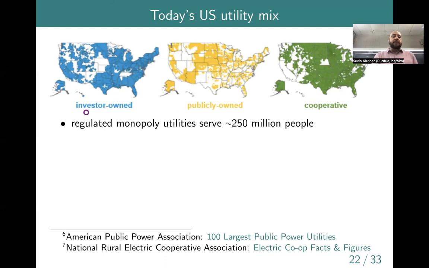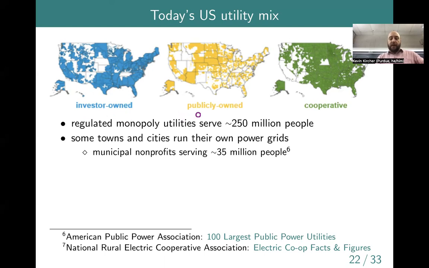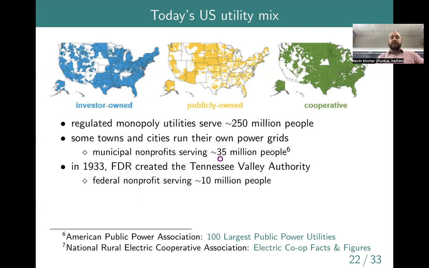But there are alternatives to these regulated monopoly utility models in the US. This is the mainstream model that serves about 75% of Americans. So this is a map of where investor-owned utilities are in the US. There are also some public utilities that take a couple of different forms. One is that a lot of those municipal utilities that formed in the early 1900s are still around, and they serve about 35 million people in the US, as towns and cities.